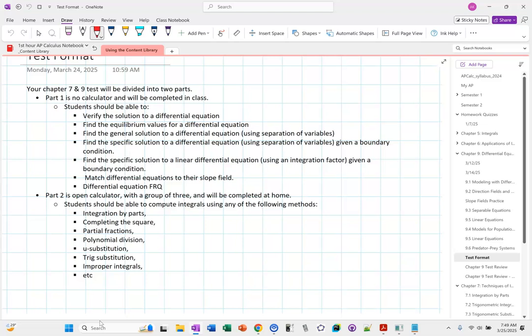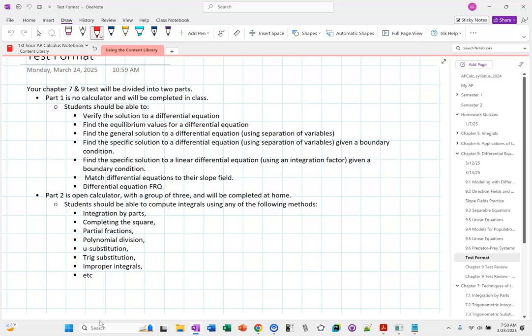So the things you should be able to do are: verify a solution to a differential equation, find equilibrium values for a differential equation, find the general solution to a differential equation using separation of variables, find the specific solution to a differential equation using separation of variables, given a boundary condition. So f of 5 is equal to 10 or something, so you can solve for c.